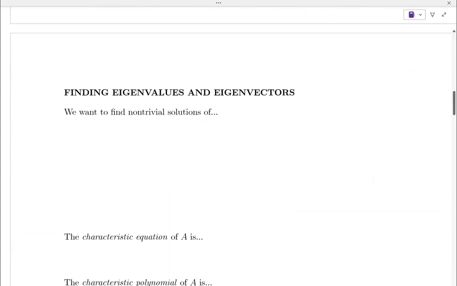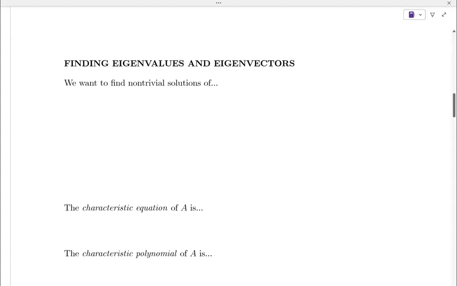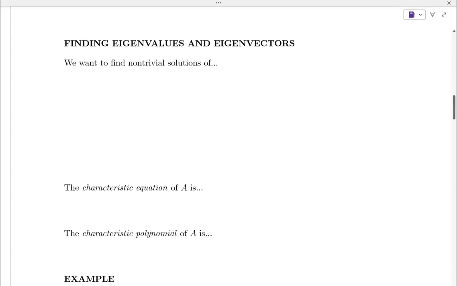All right, just real quick here in the last few minutes, just to remind how we find these things. We've already gone through this before. I know it's been a month or two, but we've already talked about this. The whole idea is that when we want to find these things, I want to solve this system.